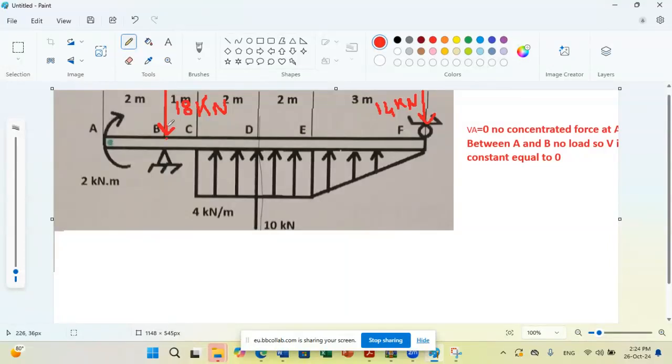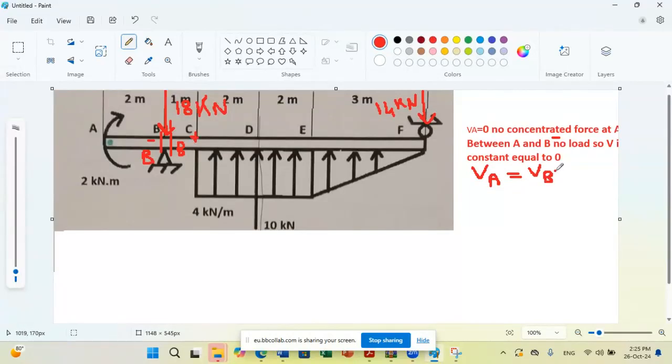Whenever you have a jump at a point, you name the point just before B, B minus, and the point just after B, B plus. So now what can we say? Between A and B minus, no load, so V is constant equal to 0. So VA equals VB minus equals 0.